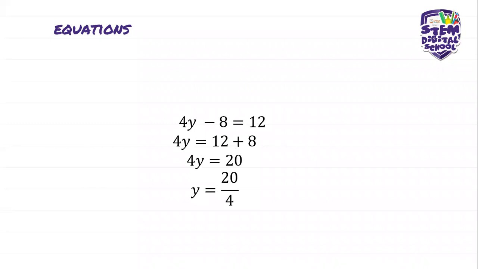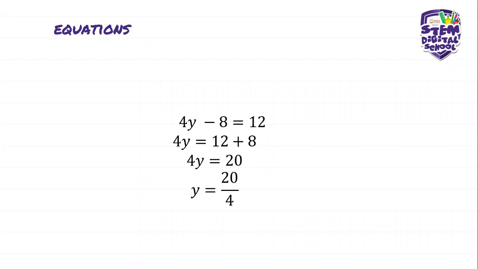And once you add them together, you get 20 in the right-hand side, and then the left-hand side, you still have 4y. So in order to find y, or in order to make y the subject of the formula, you have to divide both sides by 4.